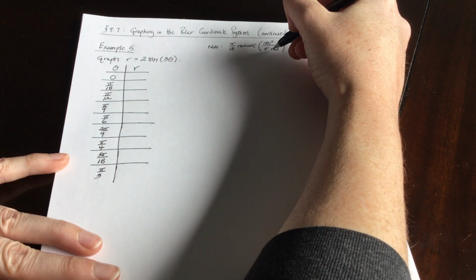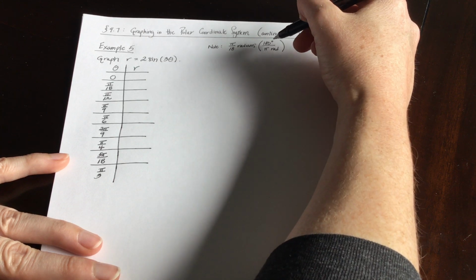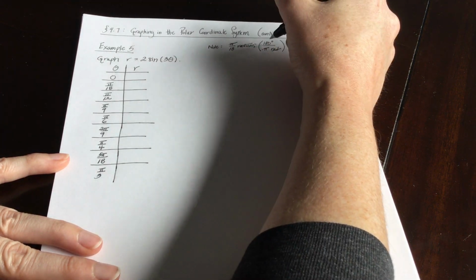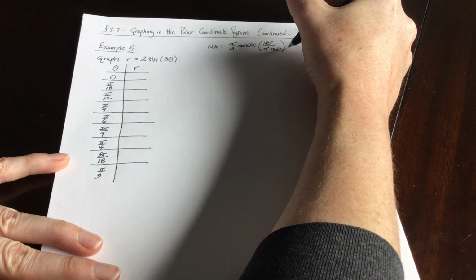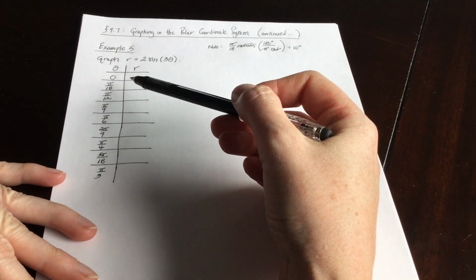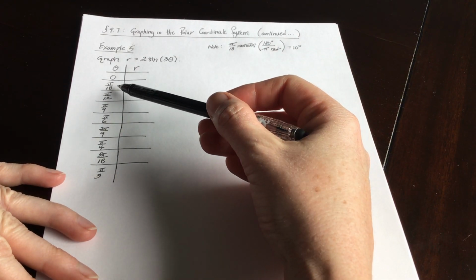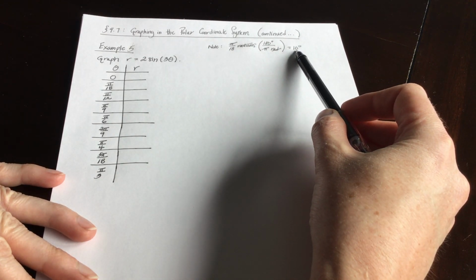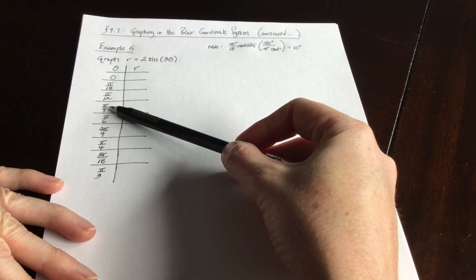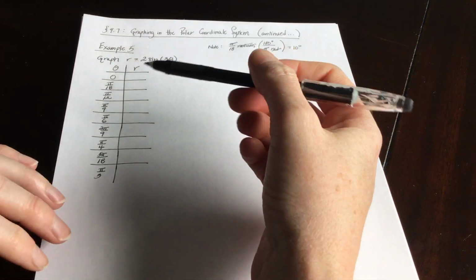Since that's just a version of 1, I know it's been a while, but that's a conversion method, you could see pretty quickly that you get 10 degrees. So keep that in mind when I start figuring out where pi over 18 goes. It's about 10 degrees. And pi over 9 is 2 pi over 18, so that would be 20 degrees, etc.